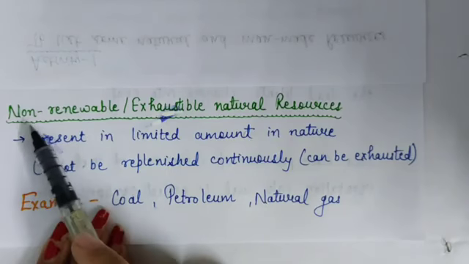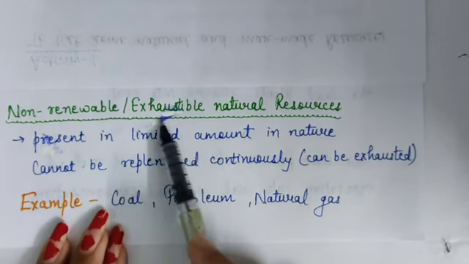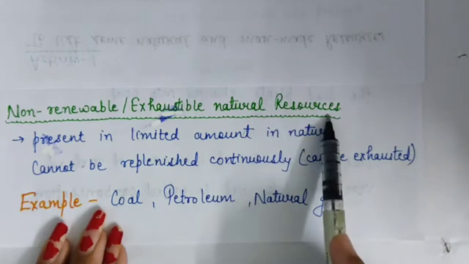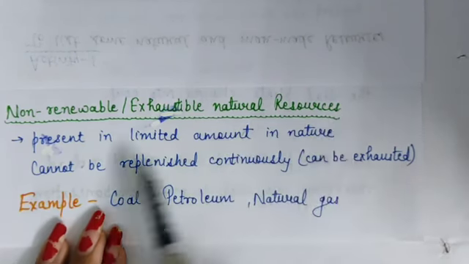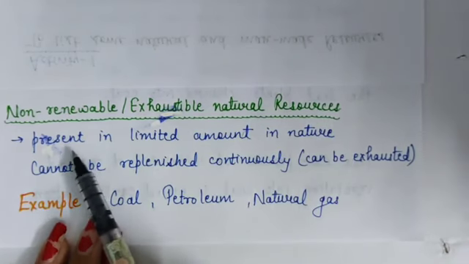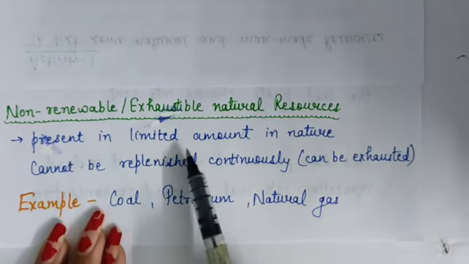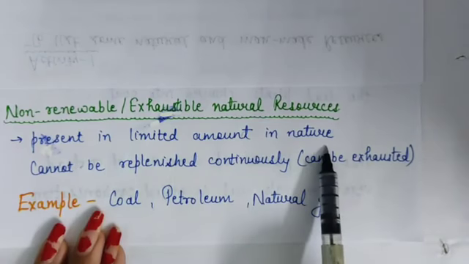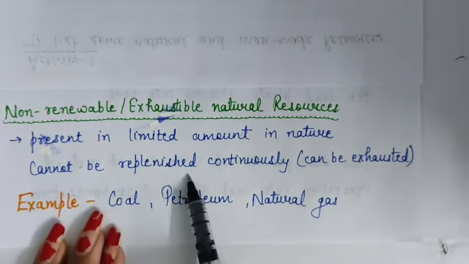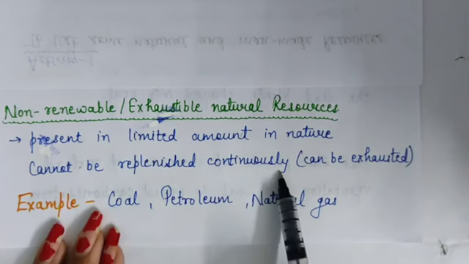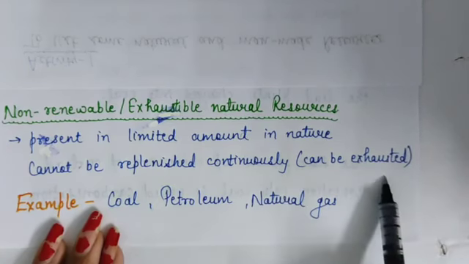Now next is non-renewable or exhaustible natural resources. Now what are exhaustible natural resources? These are natural resources which are present in limited amount in nature. Means they cannot be replenished continuously. They can be exhausted.